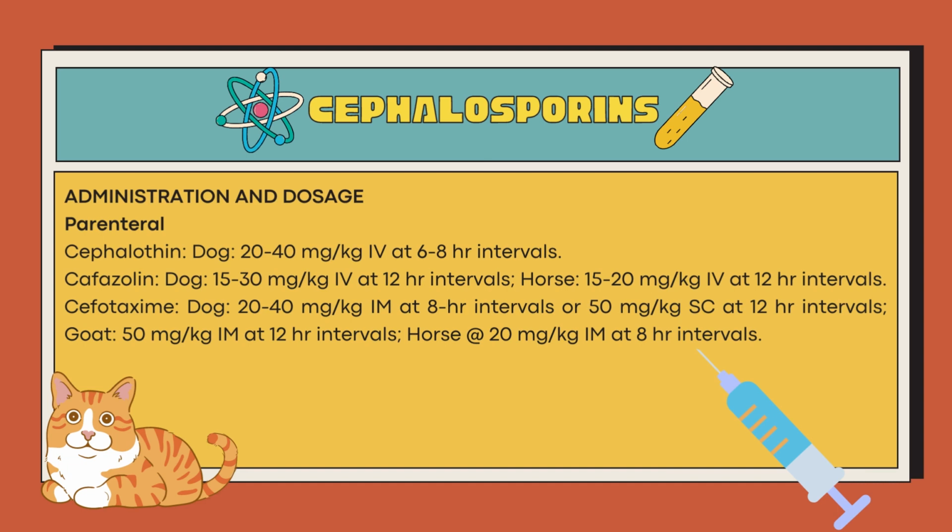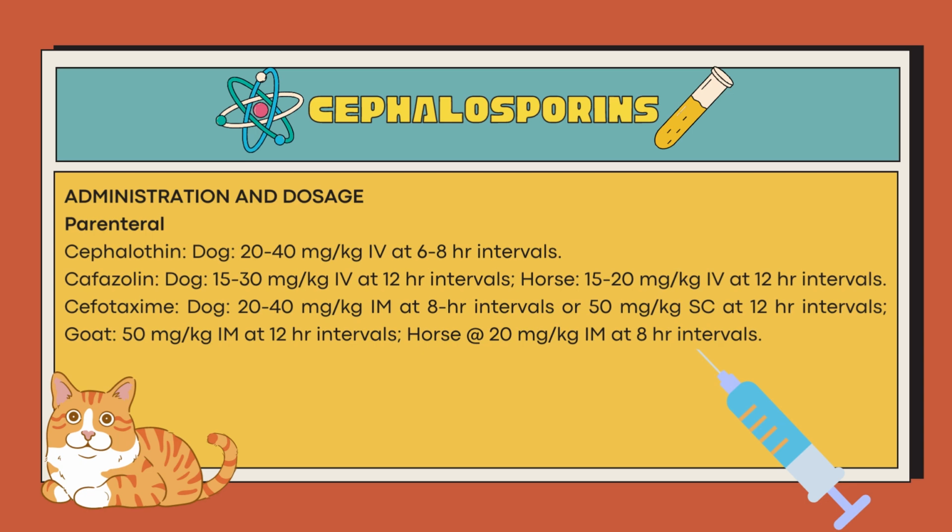For the parenteral cephalosporins, the cephalothin for dogs is 20 to 40 mg per kilogram intravenous at 6 to 8 hour intervals. Cefazolin for dogs, 15 to 30 mg per kilogram intravenously at 12-hour intervals, and for horses, 15 to 20 mg per kilogram intravenous at 12-hour intervals.